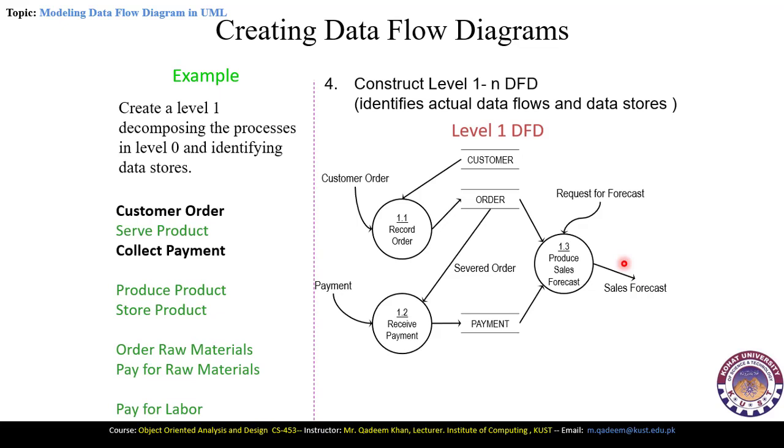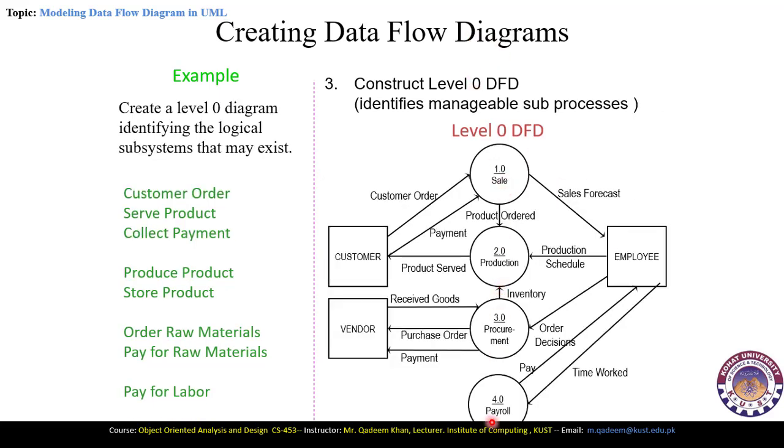Next, when we divide the level 0 into more details, it is sometimes possible to divide one process in the level 1 DFD, and then a second process in the level 1 DFD, and a third, and so on. So here we construct 1 to n DFD. 1 to n means, for example, here you can see the 1, 2, 3, 4 processes.